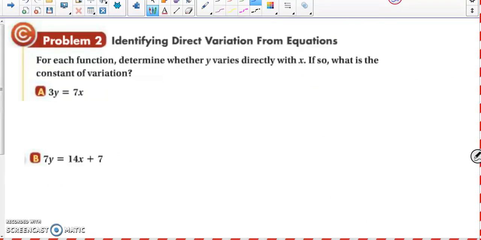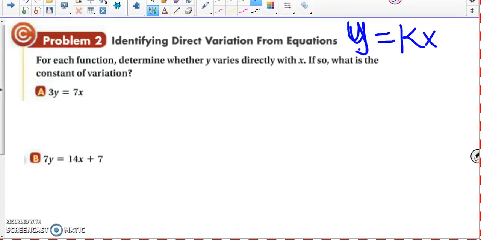Here we need to identify direct variation from equations. So once again, remember your equations from the first slide. y is equal to kx.